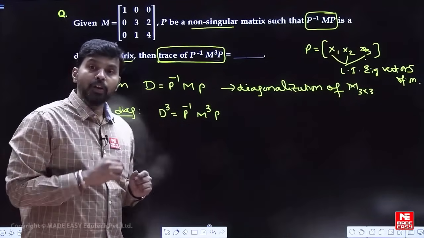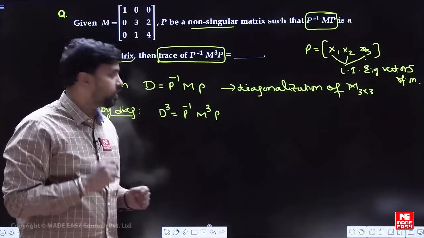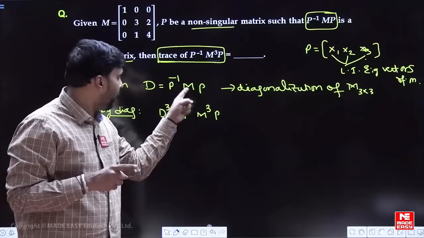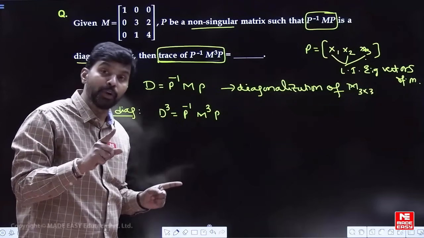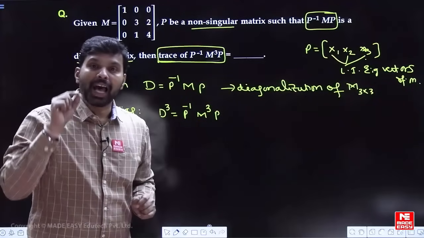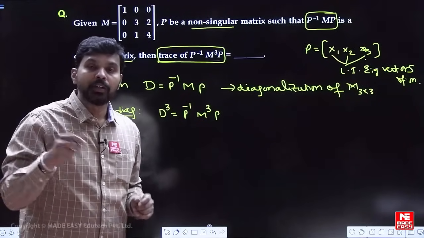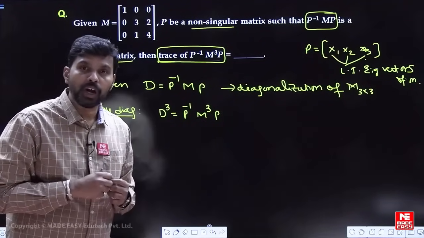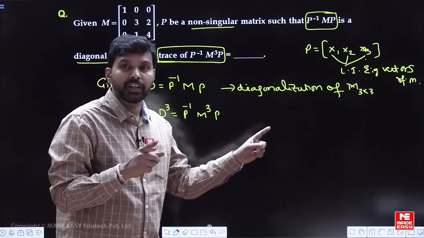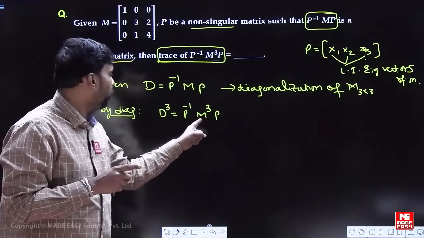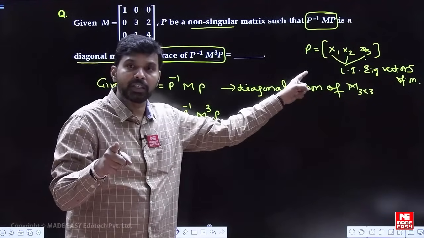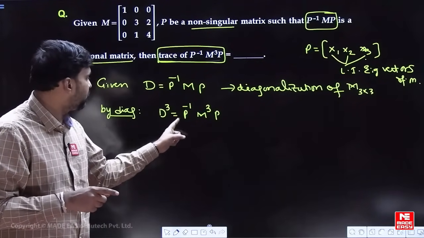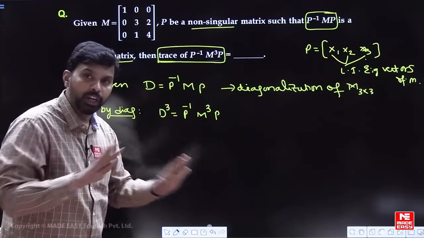So we all know one property: the eigenvectors of M and the eigenvectors of M cube are the same, because of the eigenspace. So M and M cube have the same eigenvectors, and therefore the same modal matrix for M and M cube. So therefore D cube is written as P inverse M cube P only.